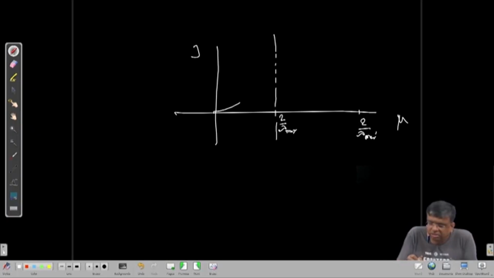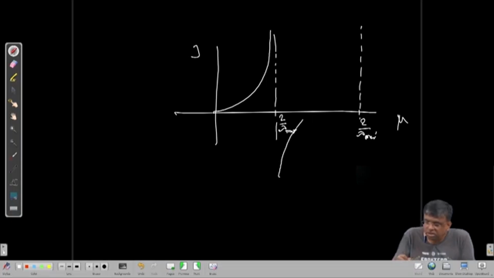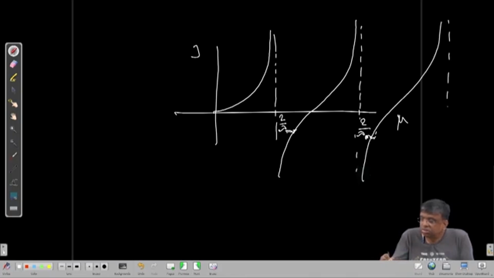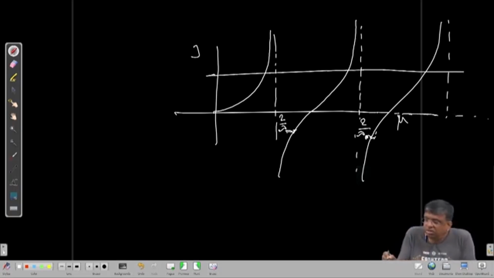So it will be like this. Next one, again next one. It will be like this. J equal to 1 is the k-set point. So this is this fellow, this fellow. These are the points of discontinuity.